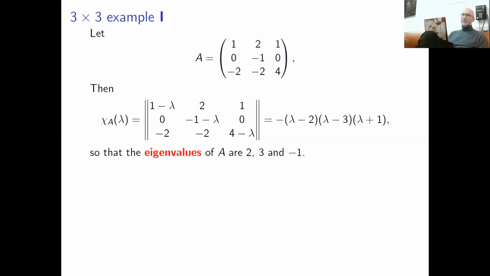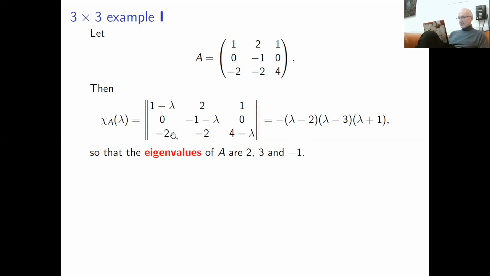In every example you're going to solve in this course, at least 3 by 3, the roots of characteristic polynomials are going to be nice. And there are some simple tricks to find the roots if you know they are integers. This is not so complicated, and we will not discuss it here.